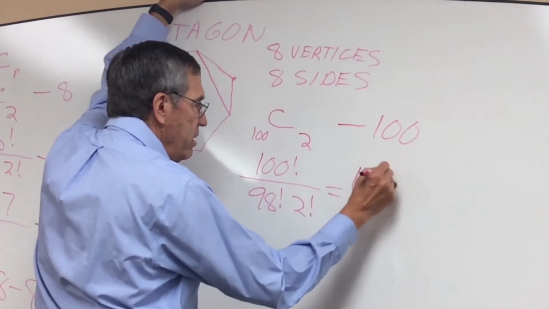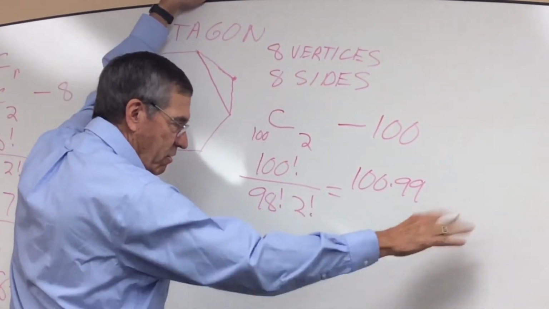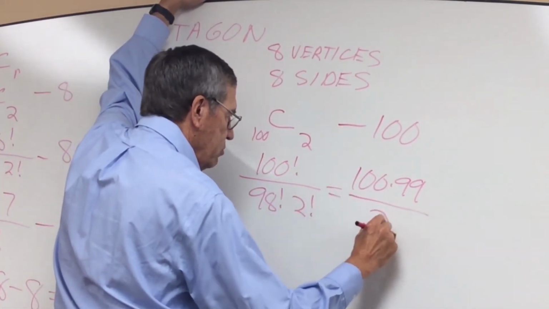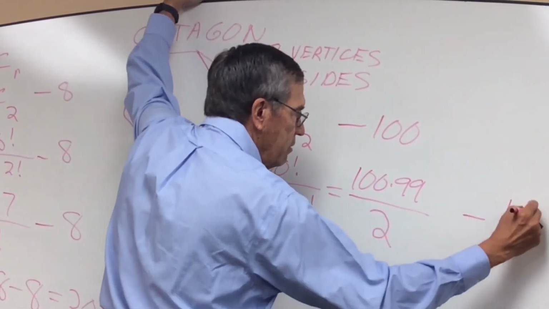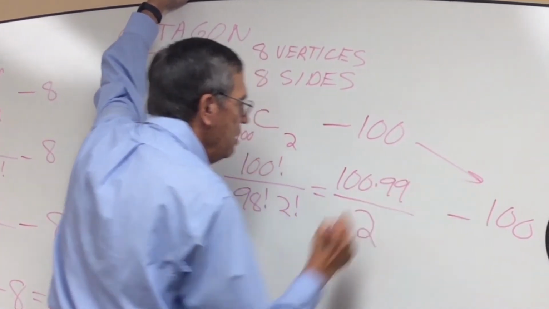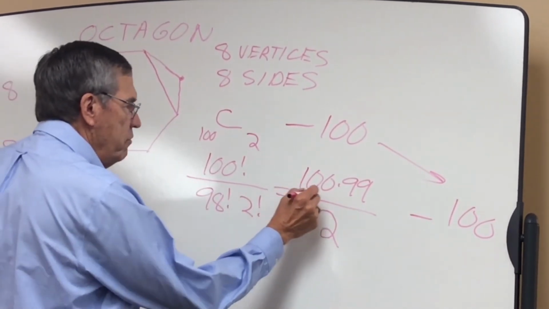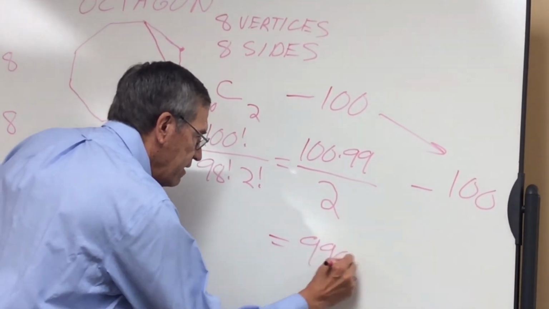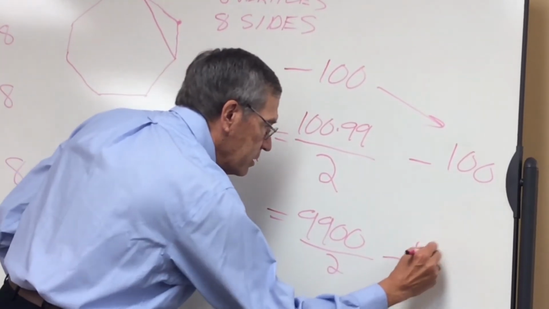So 100 times 99, then we have 98, all those get canceled out, and then we have our little 2 here. And then we want to make sure we subtract the 100 from the sides. So 100 times 99 is 9900 divided by 2 minus 100.